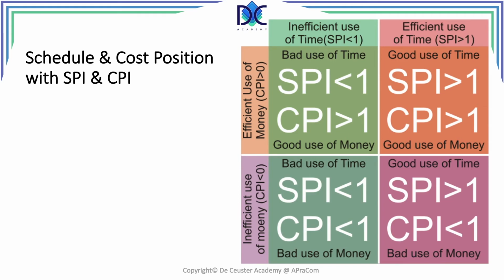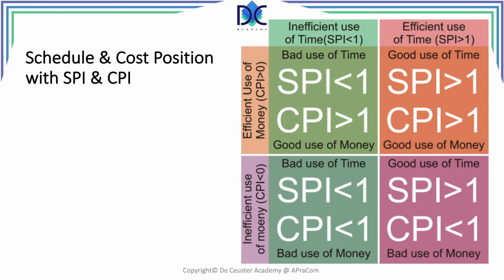For the columns, we can say the first column gives us the situation for an SPI smaller than 1. The vertical white line is an SPI equal to 1. And the last column gives us the conditions for an SPI larger than 1.